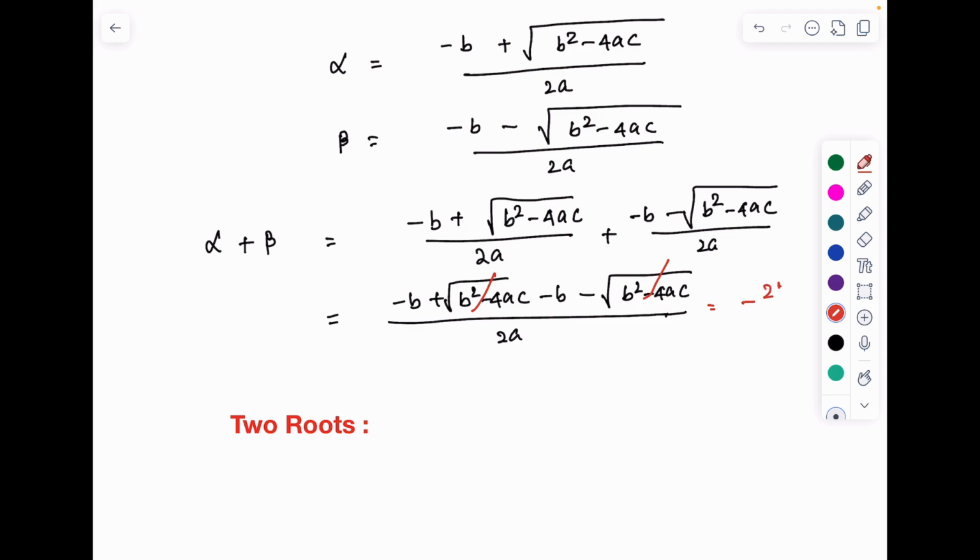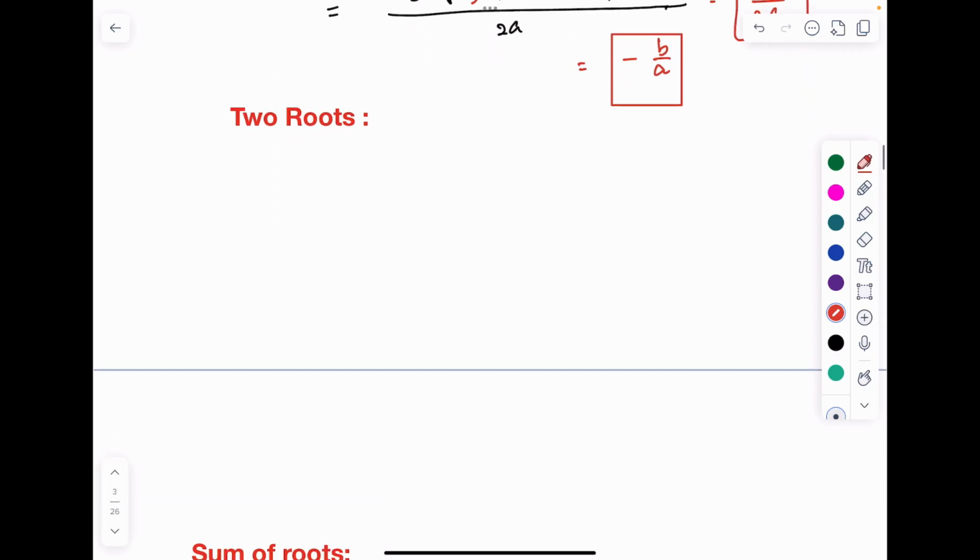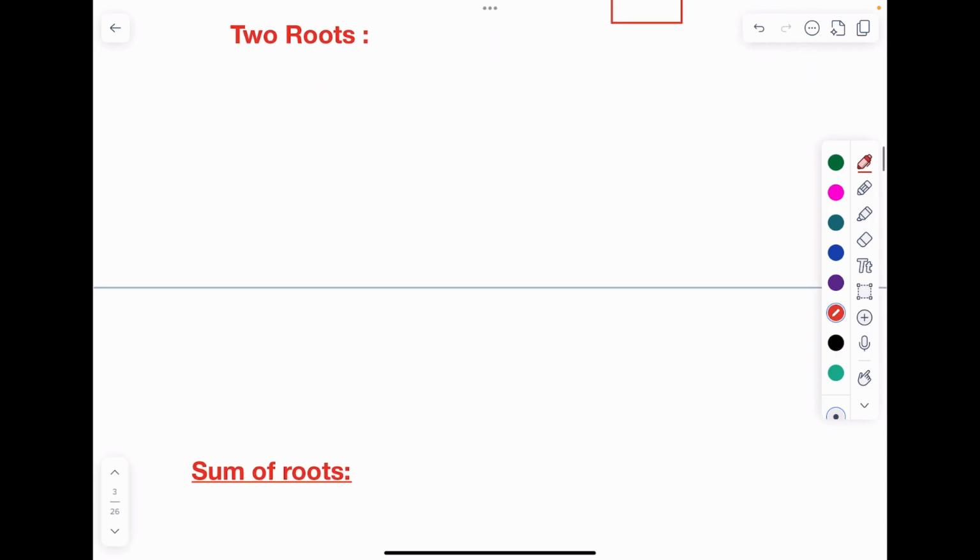We get minus 2b by 2a, which is the same as minus b by a. This is the sum of the two roots, minus b by a.